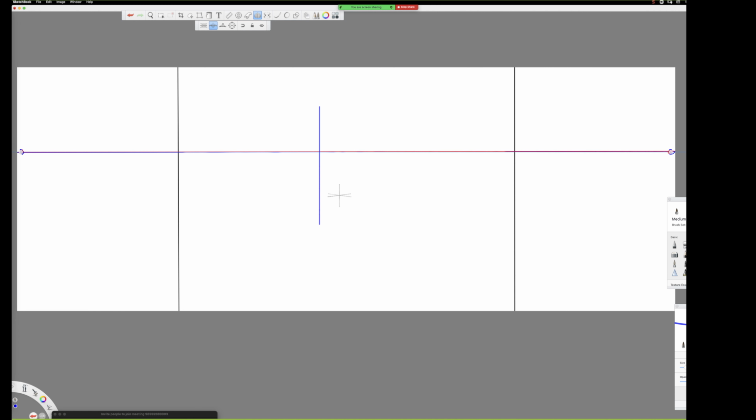How would I do that? Connect the vertical line that you did to the right vanishing point. Okay, so you're saying connect the top here, right?